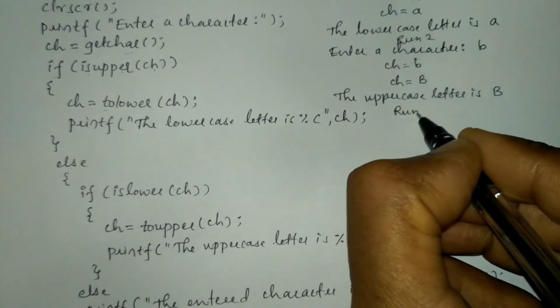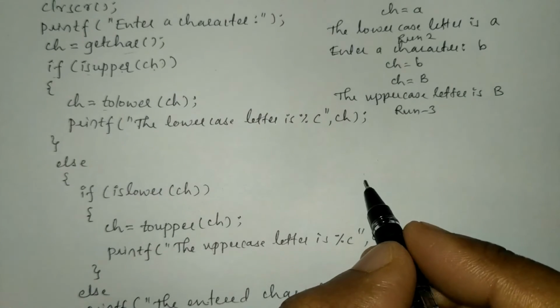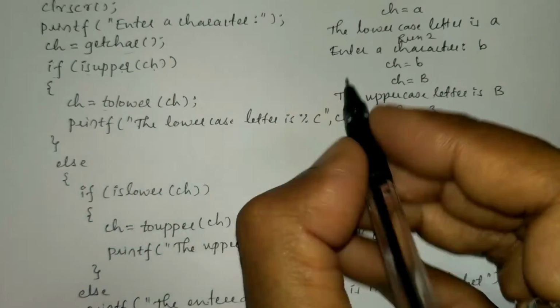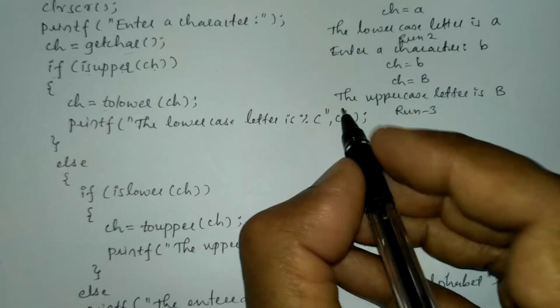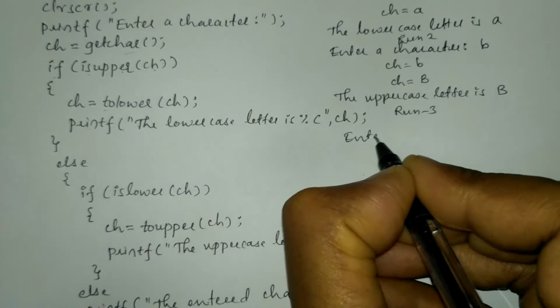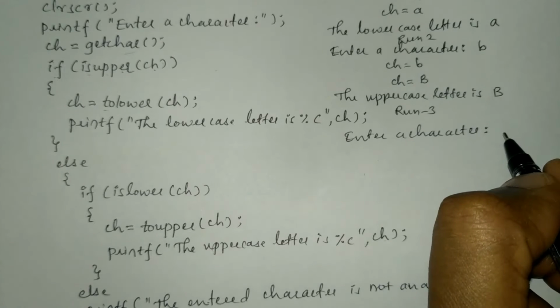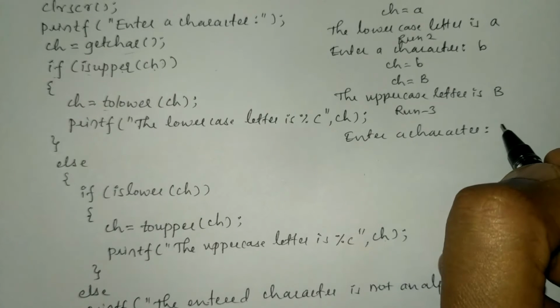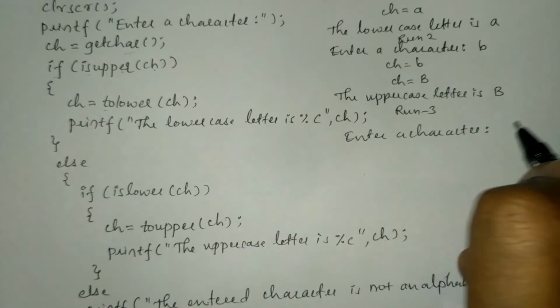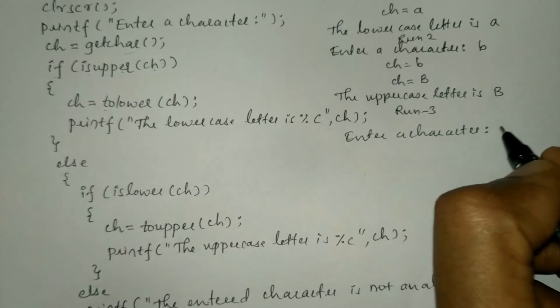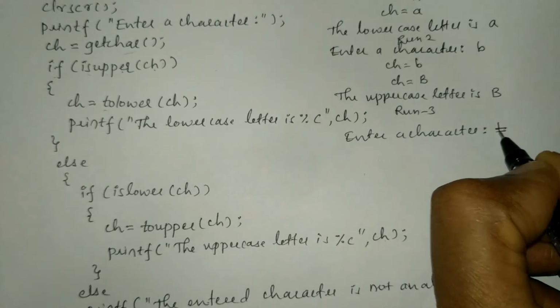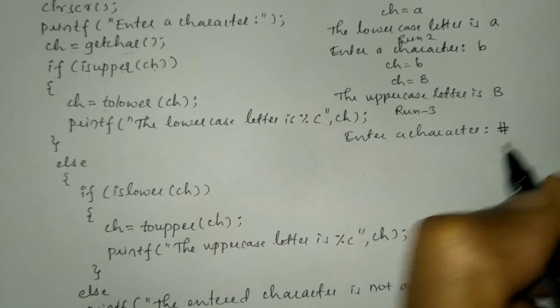Next, run 3. One more time we are going to run this program, and once again it is going to ask the user to enter a character. Now you can enter either a digit or any special symbol. For example, I'm going to write hash, which is a special symbol.